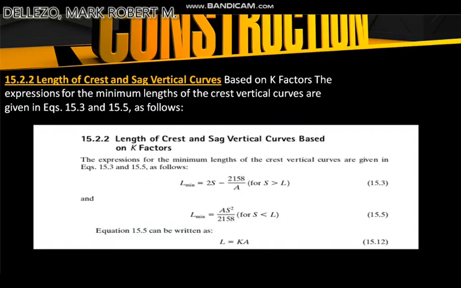So guys, we go to the next part, the length of crest and sag vertical curves based on K factors. The expressions for the minimum length of the crest vertical curves are given in equations 15.3 and 15.5 as follows.